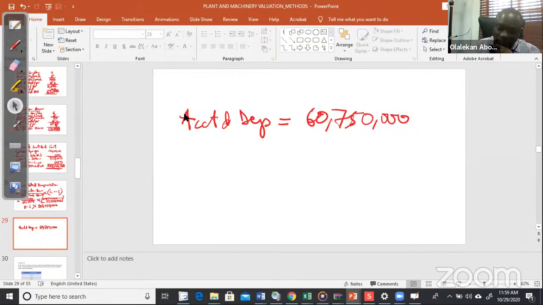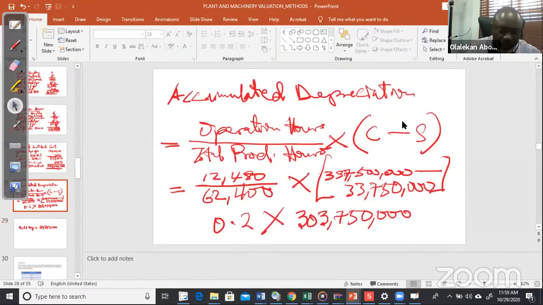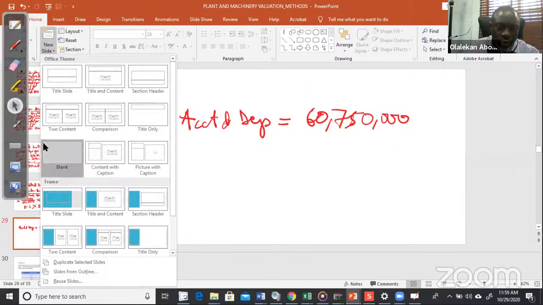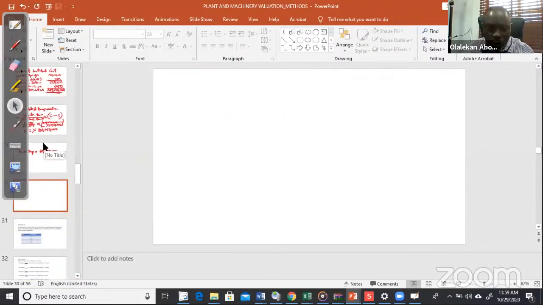Now let's check accumulated depreciation using the straight line method, so you will now see the difference. So you now go to accumulated depreciation.